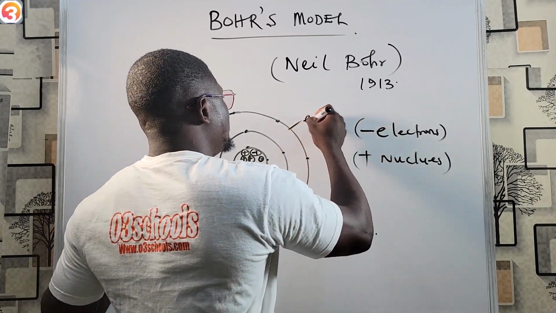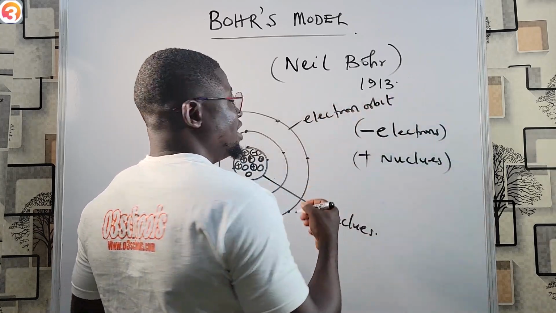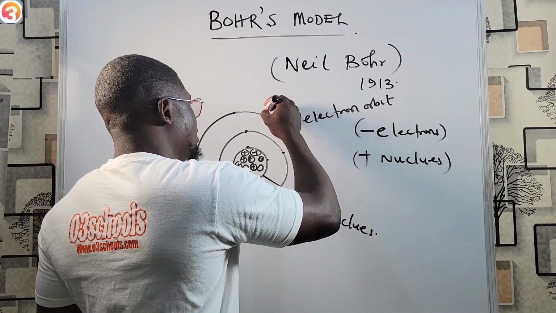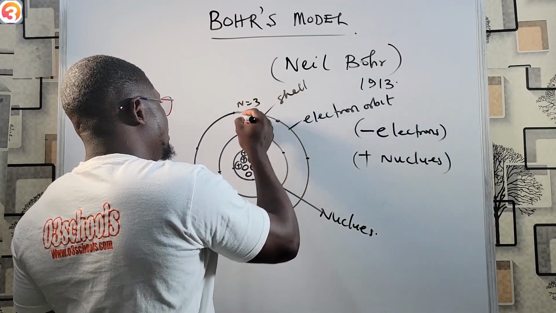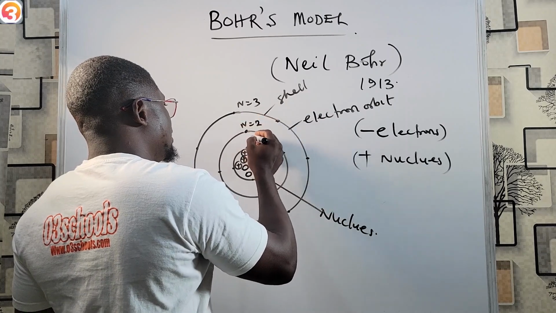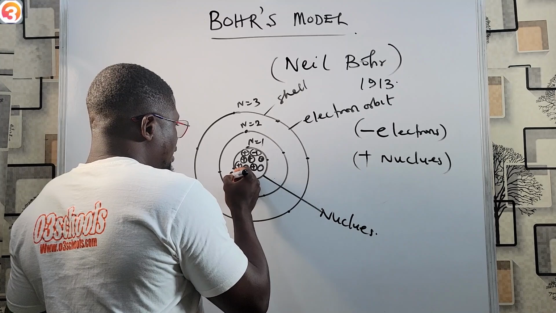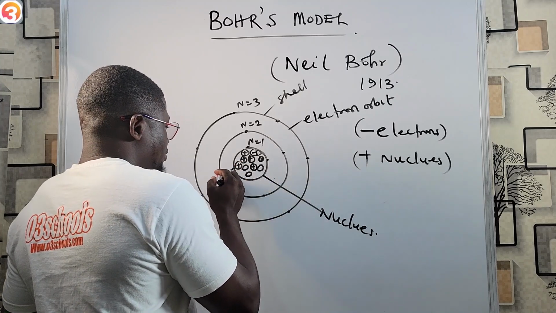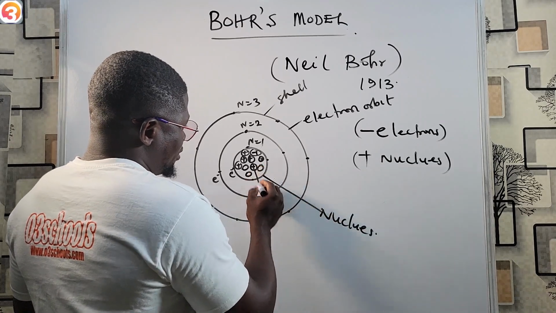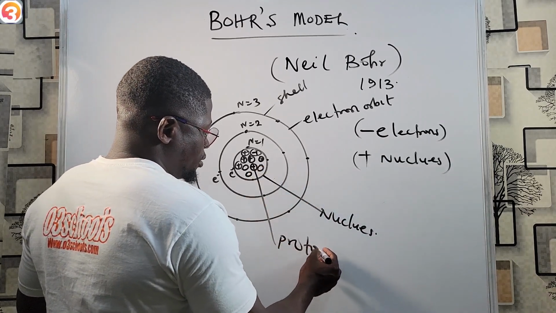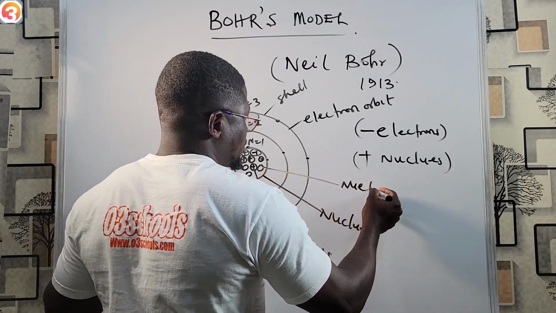Then, of course, this is the electron orbit, or you can call it the shell. You can call this, let's say, n equals 3, this is n equals 2, and let's say n equals 1. This is an energy level. This is the nucleus, and these are the protons, and these are the neutrons.